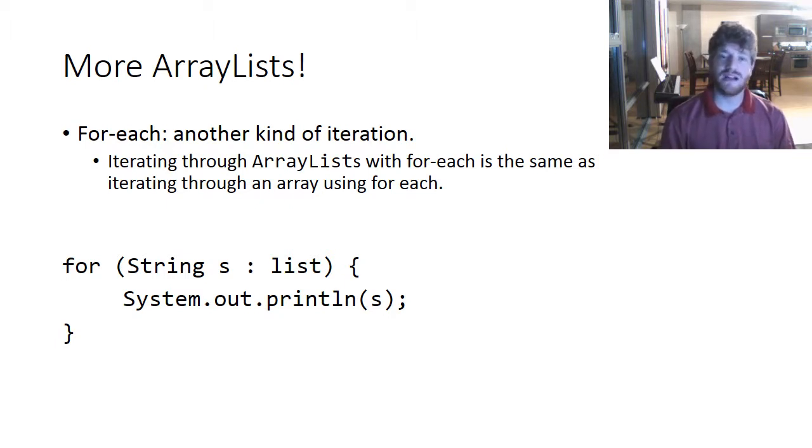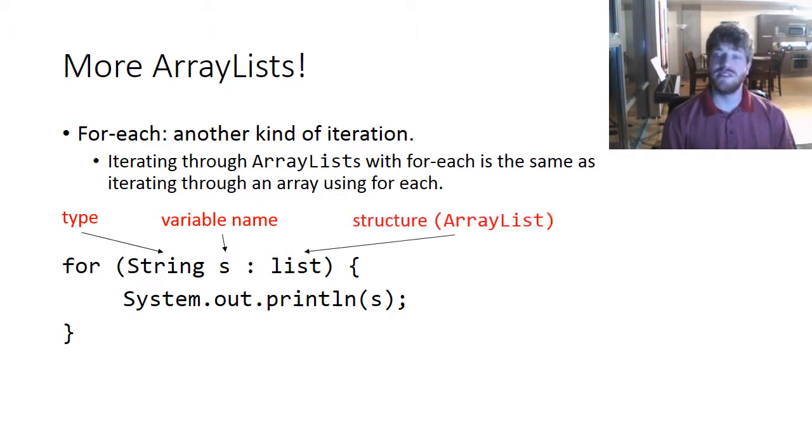Based on this block of code, you actually don't know if list is an array of strings or an array list of strings. Now I'm telling you it's an array list, but the point is that this syntax should be familiar. First, we say what the type of our loop variable is, and then we say the name of our variable that each element is going to be assigned to.